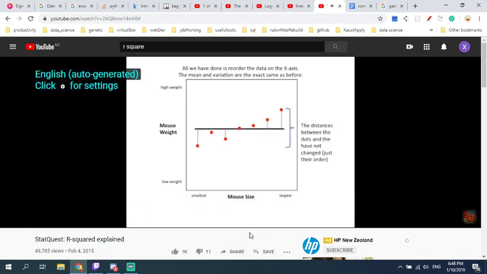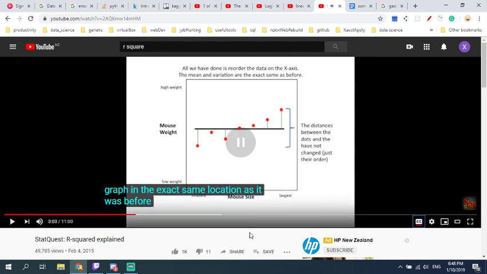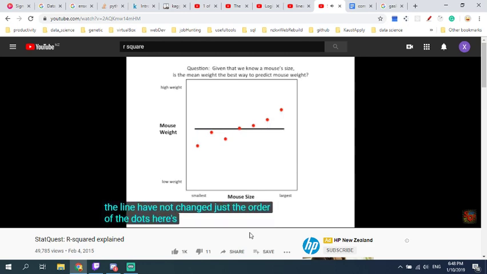Here, we show the mean again as a black bar that spans the graph in the exact same location as it was before. Also, the distances between the dots and the line have not changed, just the order of the dots. Here's a question for you.